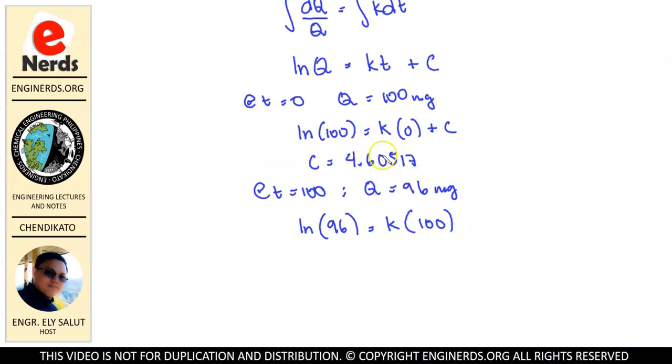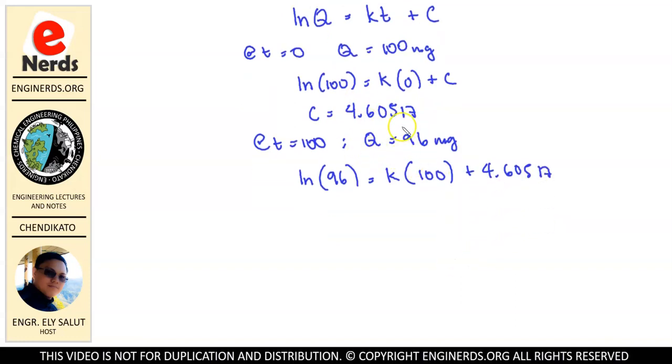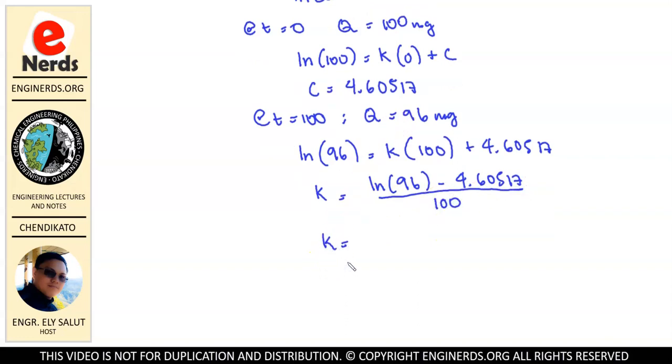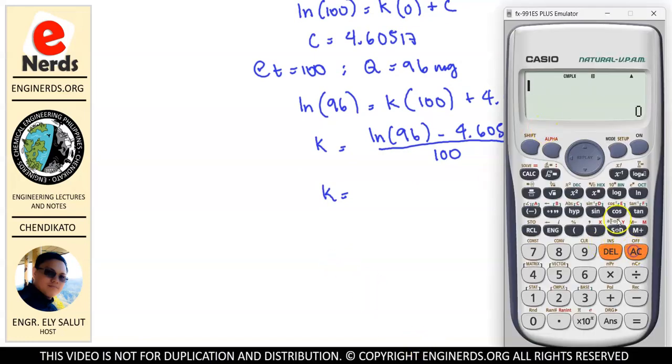Okay, but we already know the value of C. So we have plus 4.60517. Okay, so in here we can solve for the value of K. Our K is equal to ln 96 minus 4.60517, divided by 100. Let us use our calculator again.